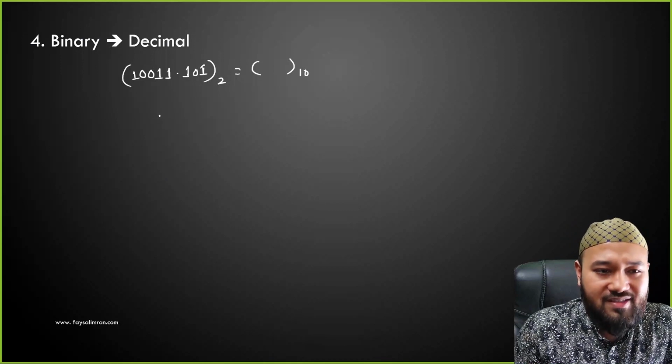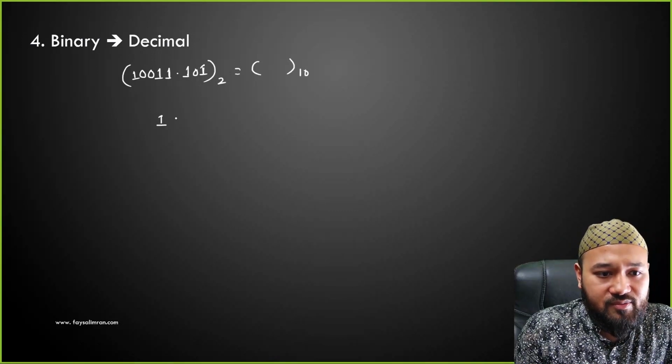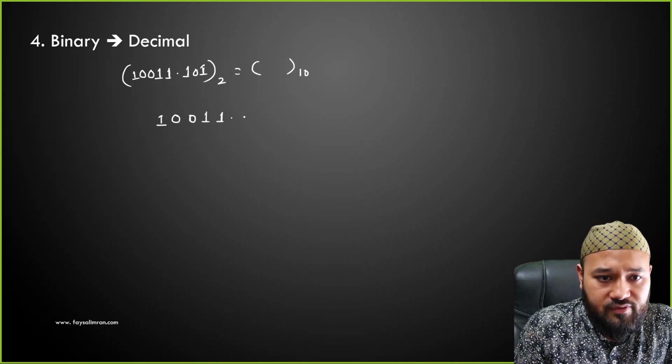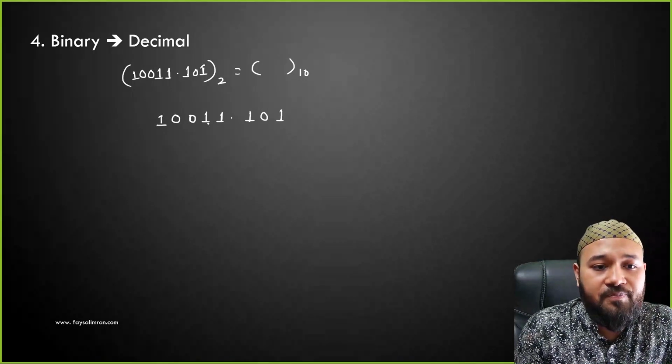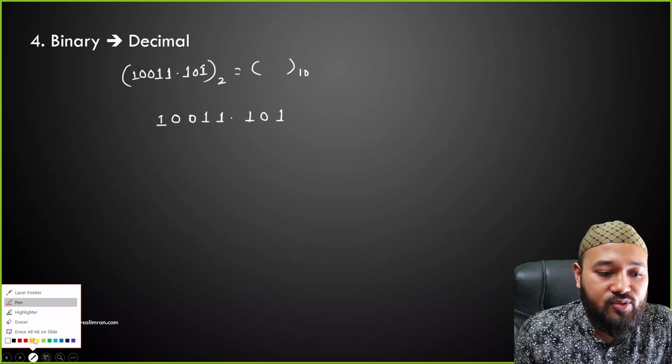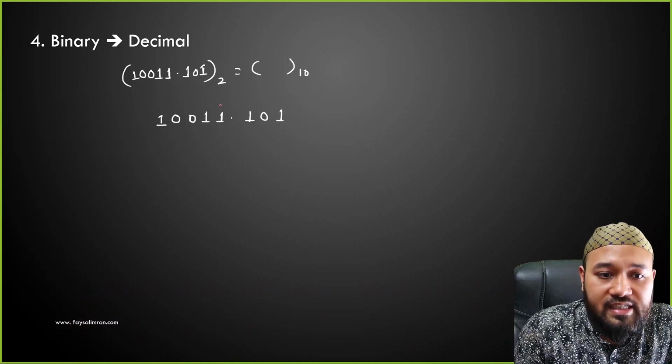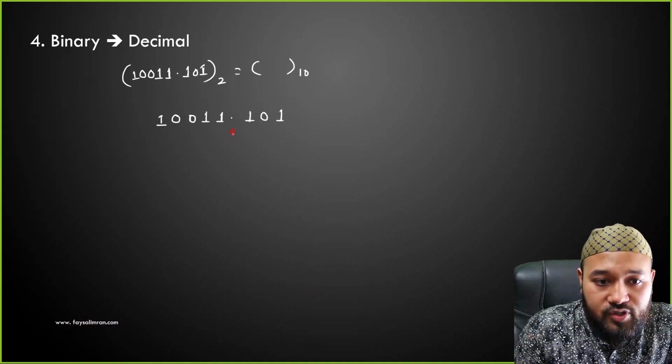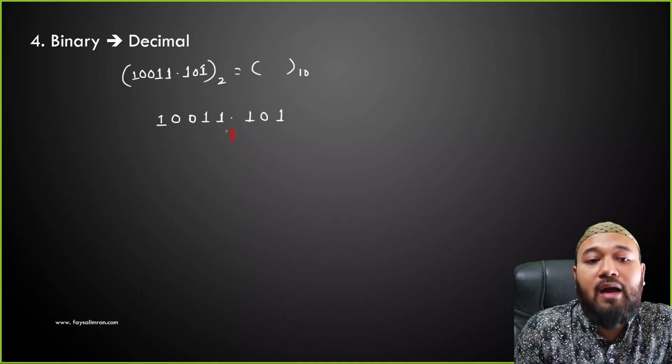This is very simple and we can do the calculation very easily. At first I write all of the bits of the binary and now I need to put their positional value, that means their power.